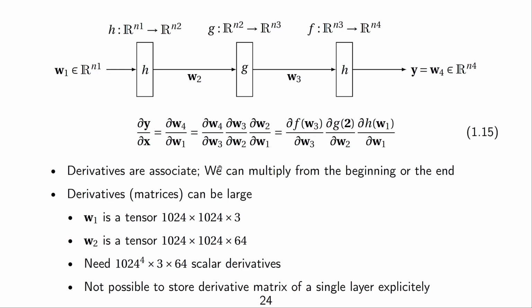And as we will see, there will be a winning strategy, and the winning strategy will be to start at the left side here, and this left side in the equation corresponds to, let's call it the right side here in the graph. So starting with the derivative of this block here, how does w4 or y depend on the input w3? This will be the winning strategy for neural networks. And why is that the case? We will repeat that later.